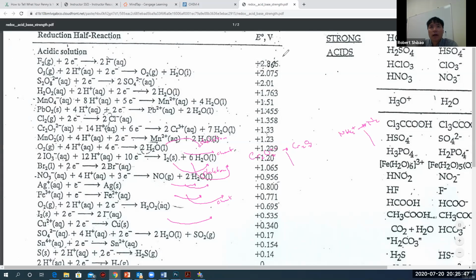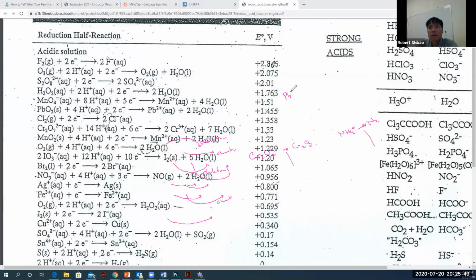So the first reaction is Pb2+ plus 2H2O liquid goes to PbO2, which is the product, plus 4H+ plus 2 electrons. So this one we can copy off the chart. Pb2+ goes to PbO2 is on the chart.